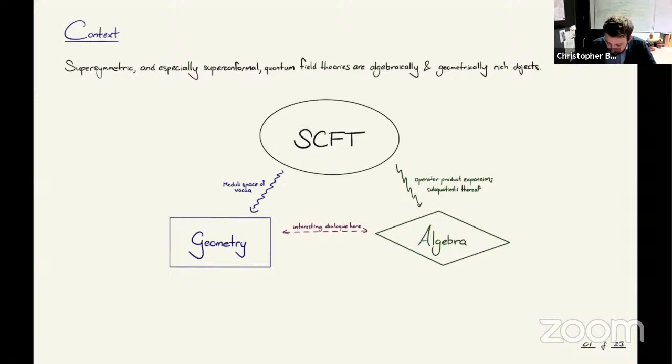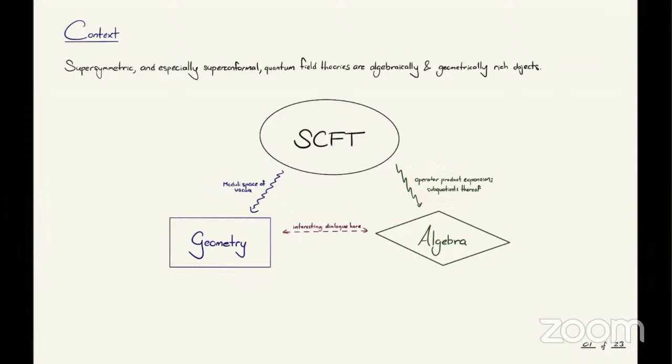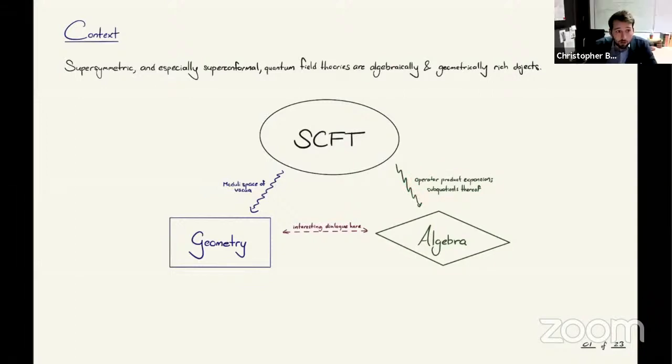So superconformal field theories have various lives depending on your way of looking at them. And at least two popular perspectives are a geometric point of view, which you might, roughly speaking, associate with studying moduli spaces of vacua of these theories. And they have a more algebraic life, which maybe is more associated with what these days would be called a conformal bootstrap point of view, where you think about them in terms of local operators that have some algebraic structure.